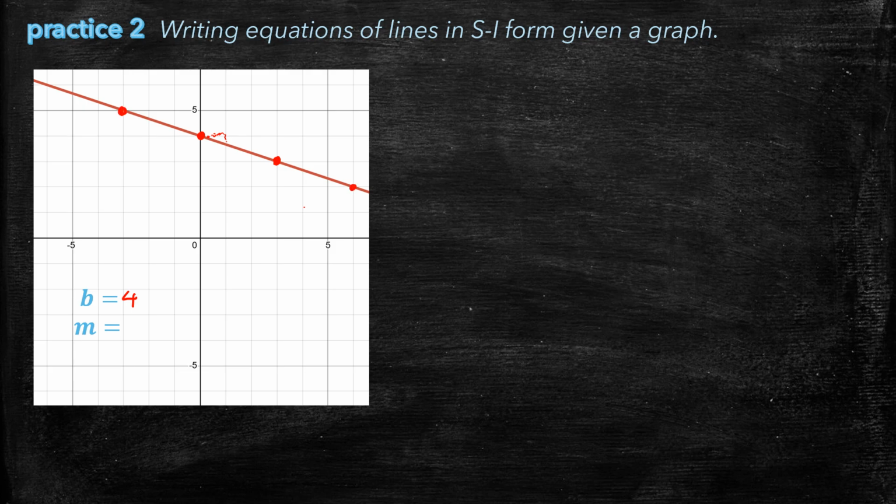Yes, it does look right, that the slope, if we go from the y-intercept, we go down 1 and we go right 3. We could also go up 1 and left 3. It's the same thing. The slope is going to be -1/3. And that means that the equation of the line in slope-intercept form is y equals -1/3 x plus 4.